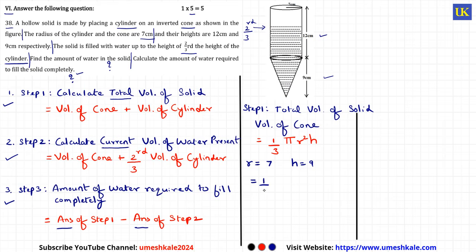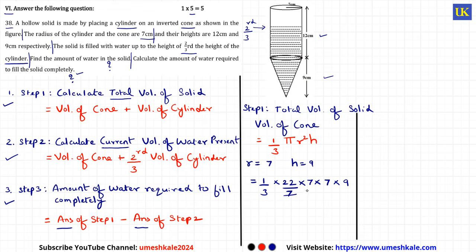Now we'll put these numbers in the formula. So 1 by 3 into pi value, they have not asked us to take anything in particular, so we will take 22 by 7. Then radius is 7, it is square, so we'll write 2 times, and height into 9. So now we will cancel it.